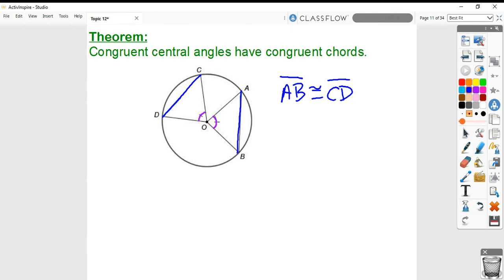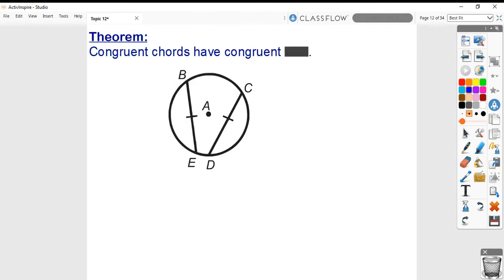All right. Up next, we've got a third theorem that's related to this same idea, and it says that congruent chords have congruent arcs. It's actually just sort of a combination of those first two things.